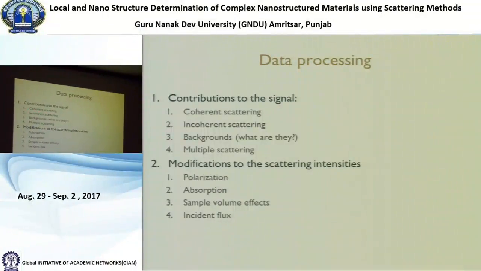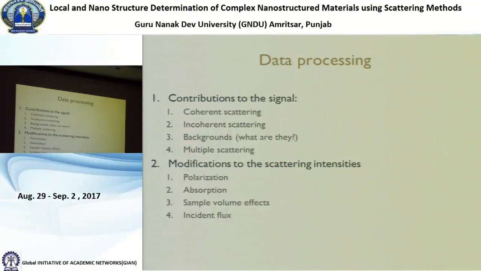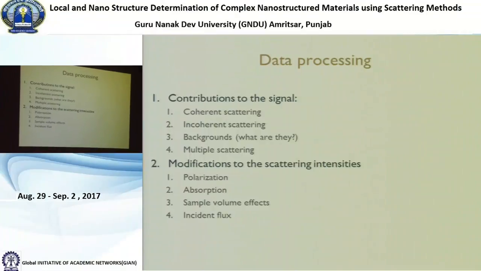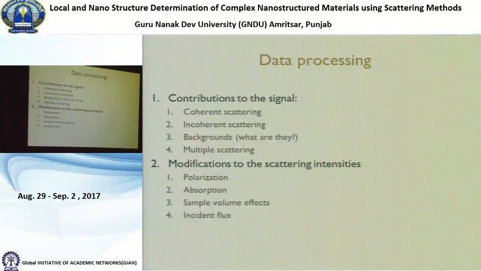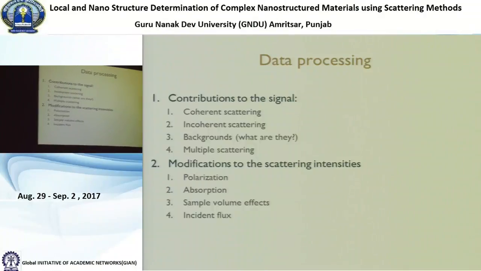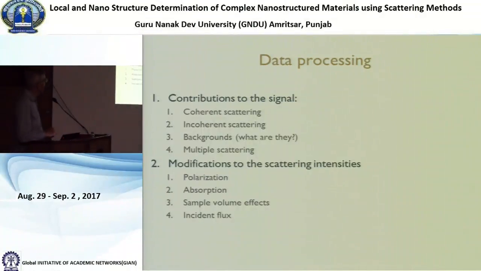So there may be an incoherent scattering contribution. This is like a constant or very slowly varying background that contains no signal at all because it came from incoherent scattering. It's just like a constant background that lifts the whole intensity up.